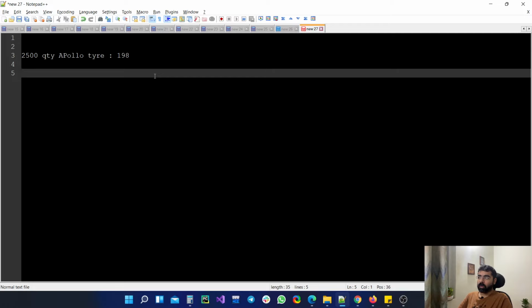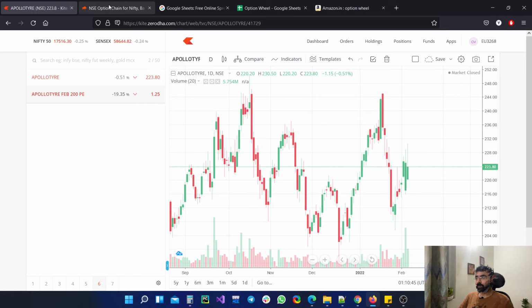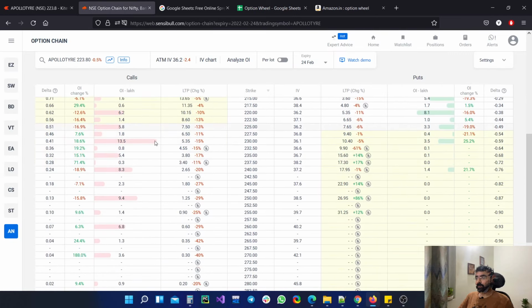Now I can start selling calls which are a little upwards, which are a little away on the upside, and start collecting premiums. So let us look at the option chain on the upside. So 240 call is currently giving me 2.65 rupee.